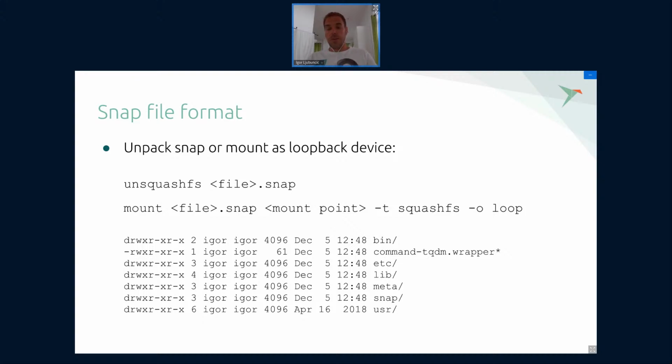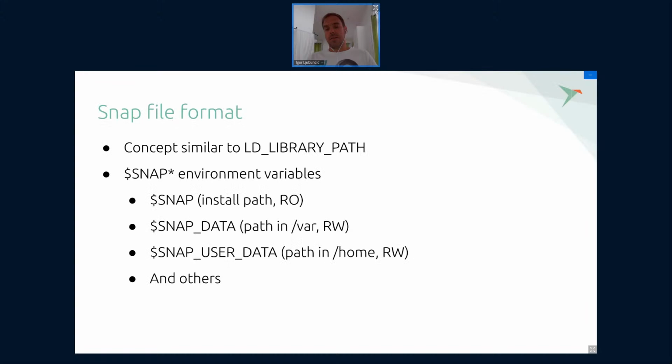It can look a bit complicated, but once you go into the details, it's kind of self-explanatory in some way. To understand the file format and what's happening inside, you can think of if you've ever run your own application with your own library overrides with LD_LIBRARY_PATH. And so the application components will all be relative to what's inside the snap.